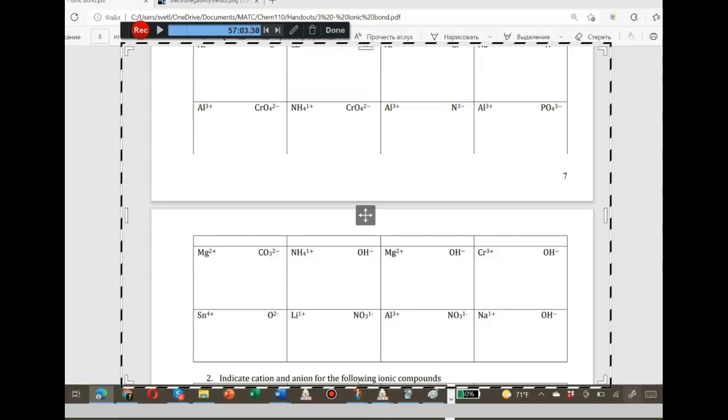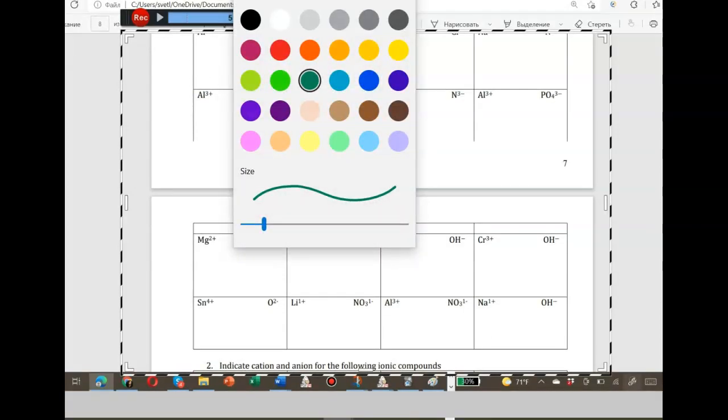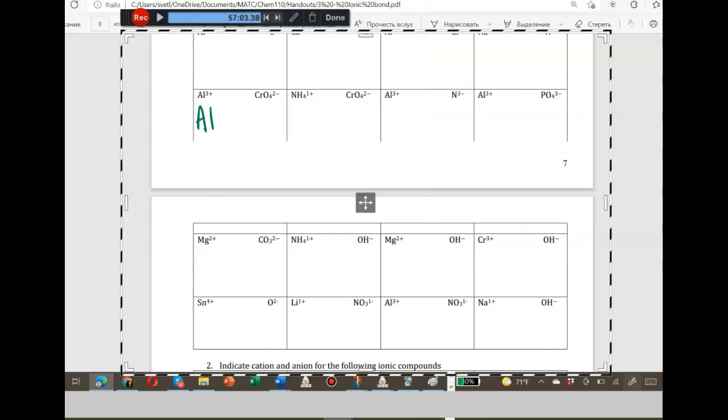Okay, let's go on. So next compound, aluminum 3 plus and CrO4, it's the chromate anion. So aluminum 3 plus and chromate CrO4 2 negative. And this is a polyatomic ion. 3 plus means that aluminum can lose 3 electrons, but chromate needs to gain only 2 electrons.